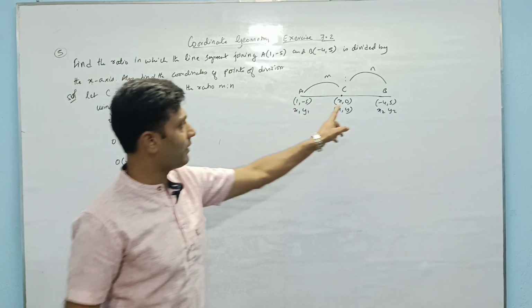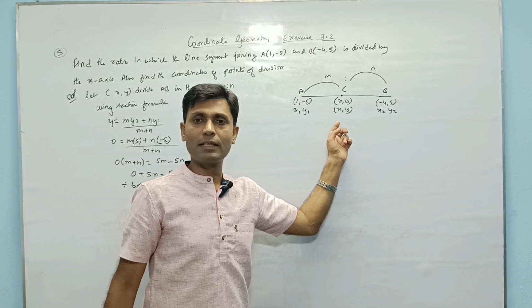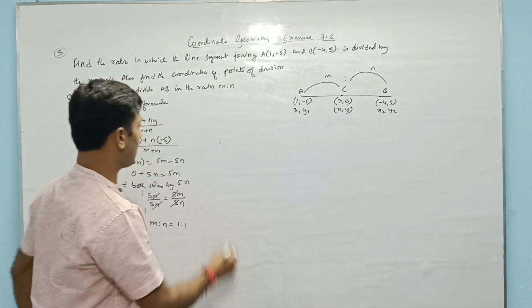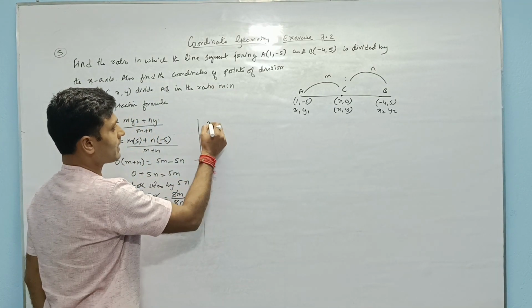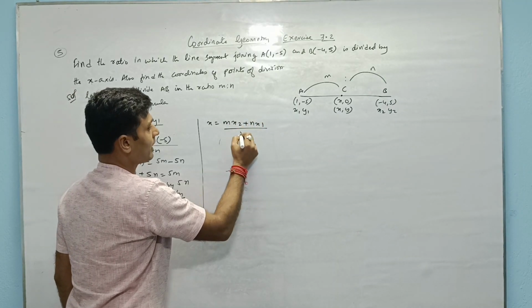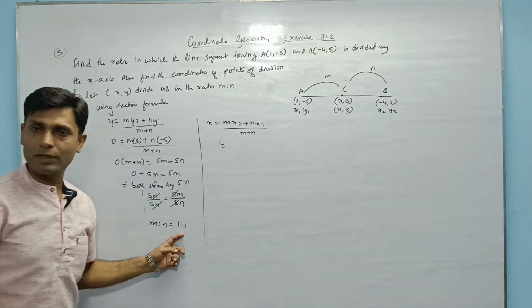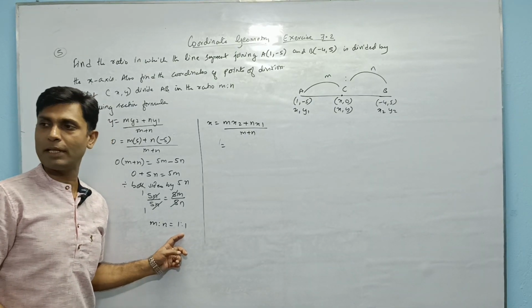And after this, the second part of the question says also find the coordinates of the point of division. See, one of the coordinates we already have, that is 0. We need another coordinate, that is x. So what is x? x is equal to (m x2 + n x1) divided by (m + n). m is to n is what? 1 is to 1. That is m and n.